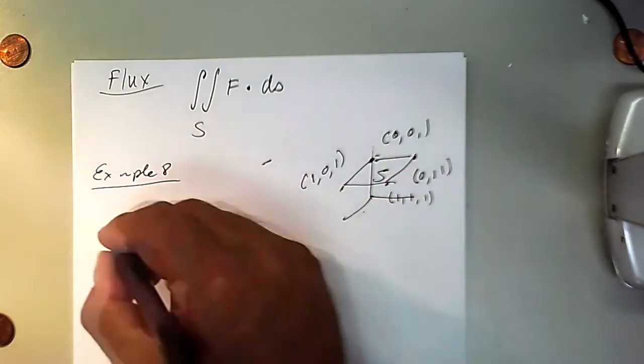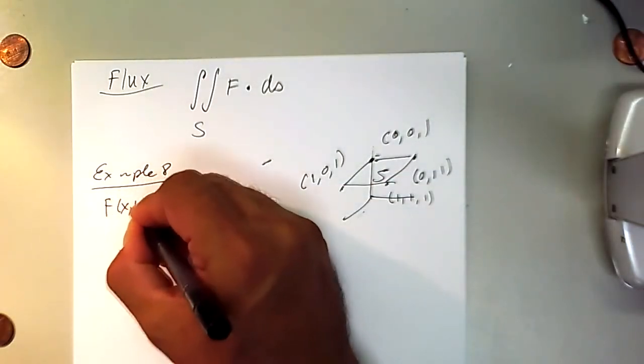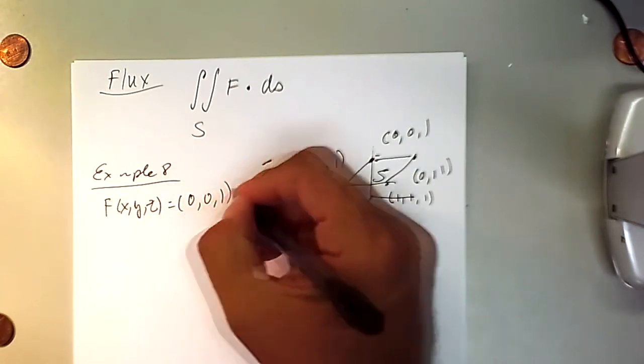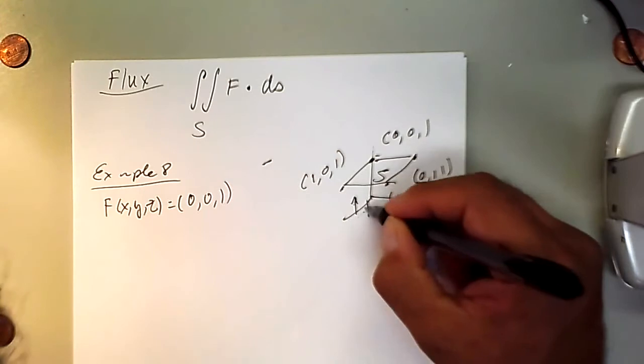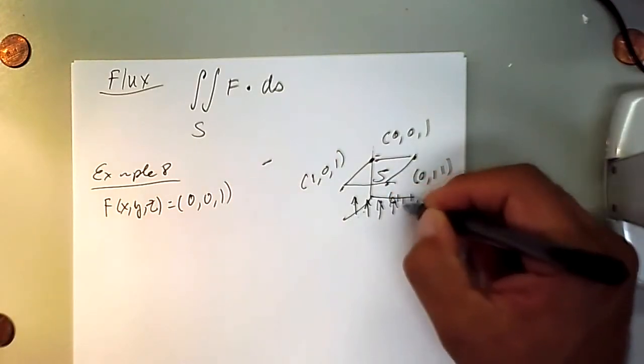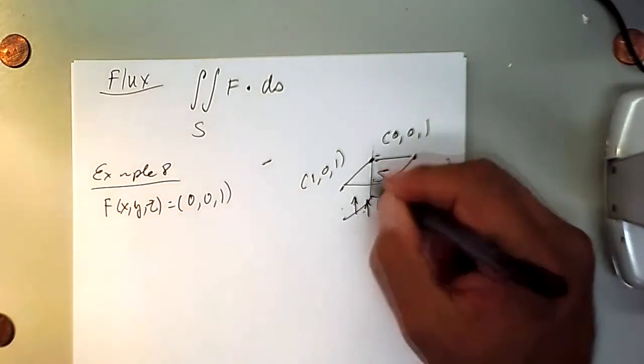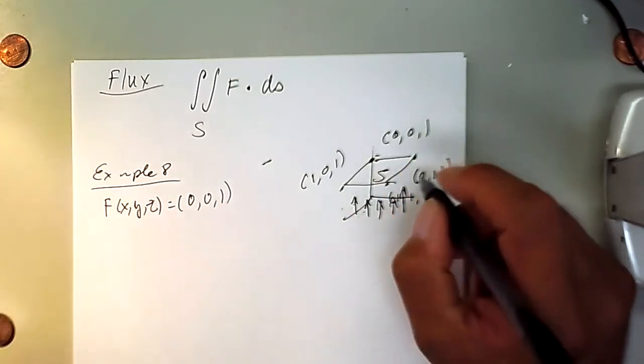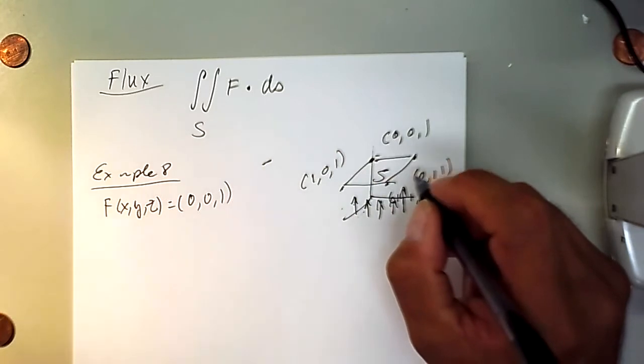And F of X, Y, Z is going to be 0, 0, 1. So we're going to have all the vectors going up. All the flow is going to go up in the same direction, all the way up, and in the same amount.